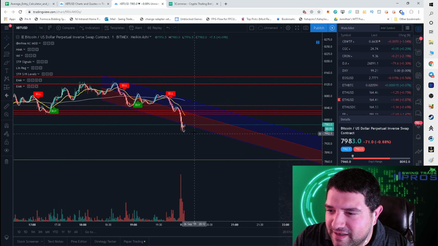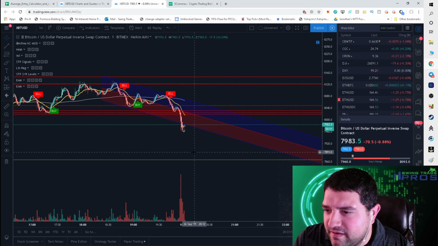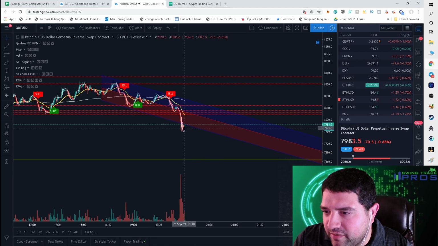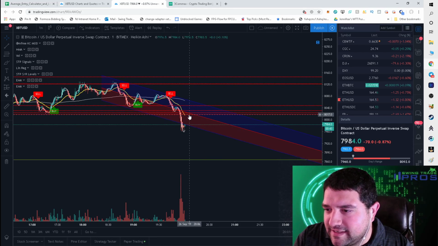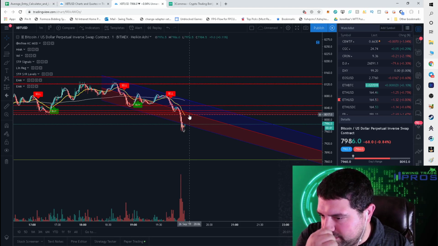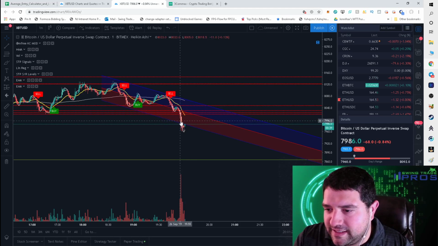Looks like we're bouncing here. We bounced right around that 79, 75 area. All right, we fell right out of the linear regression channel here, and should try to get right back in it. Back test this 8,000 area. Did get some high levels of selling here, guys.